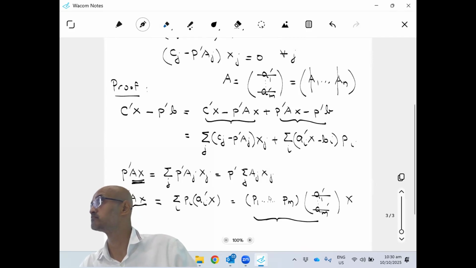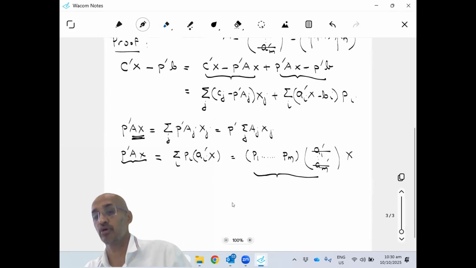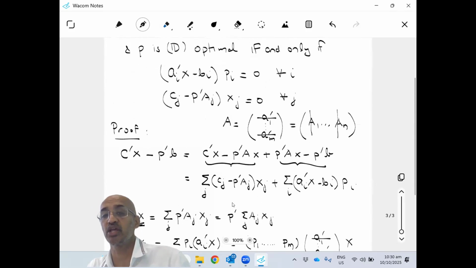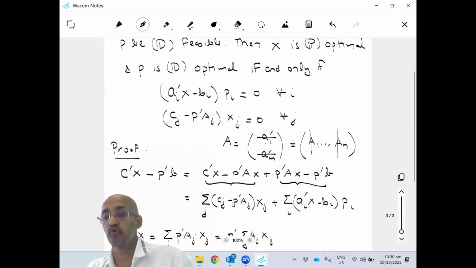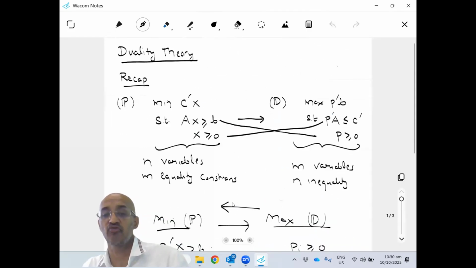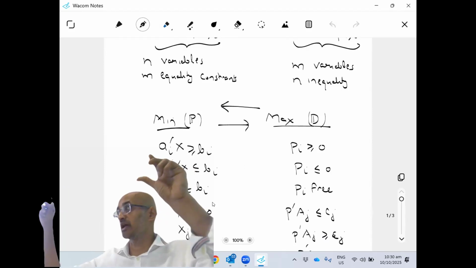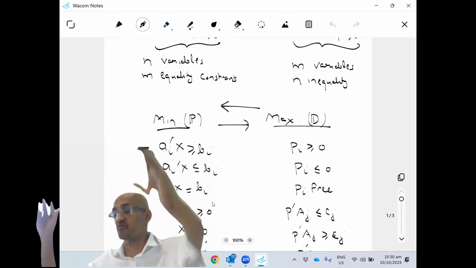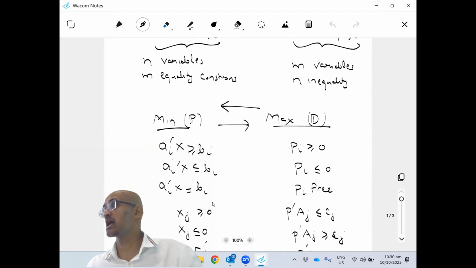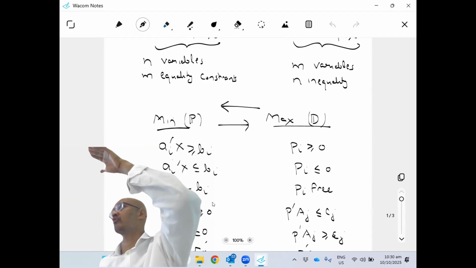Why am I doing this? Because in this representation, ai transpose is the row vector of the A matrix, and Aj is the jth column of the A matrix.